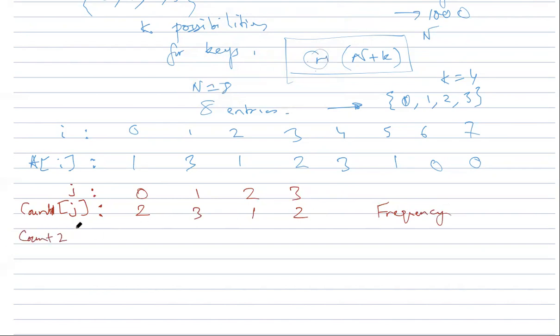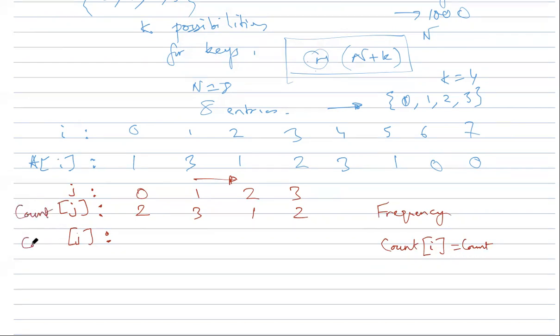Then count 2 is capturing the cumulative frequency. So what we are going to do is take any entry, starting from 1 onwards. Let's store this in the same variable to make it easier to demonstrate.